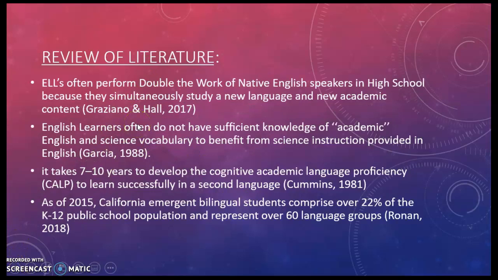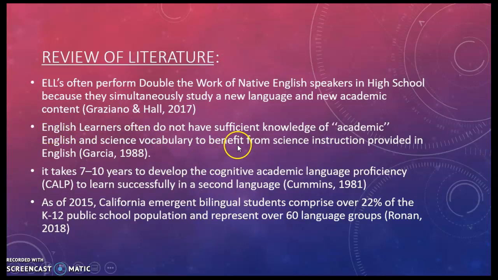So here's a little overview of the literature. ELLs often perform double the work of native English speakers in high school because, of course, they have to simultaneously learn the new language and also the new academic language. And as you might know, chemistry is in itself a language unlike any other.